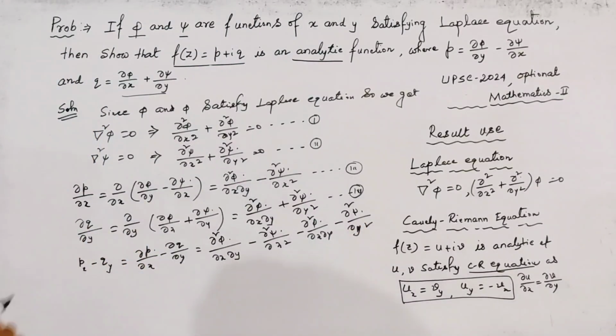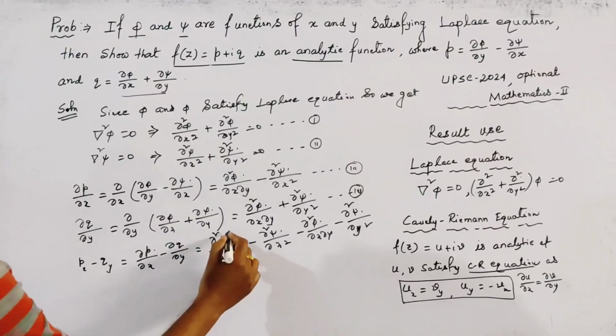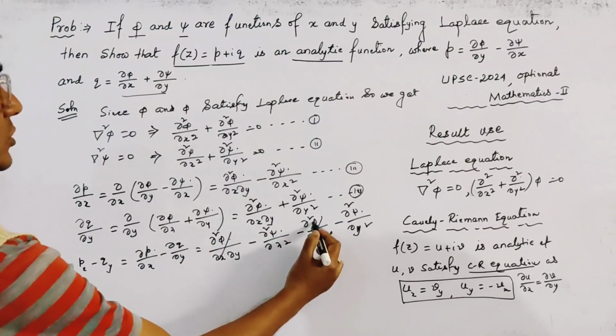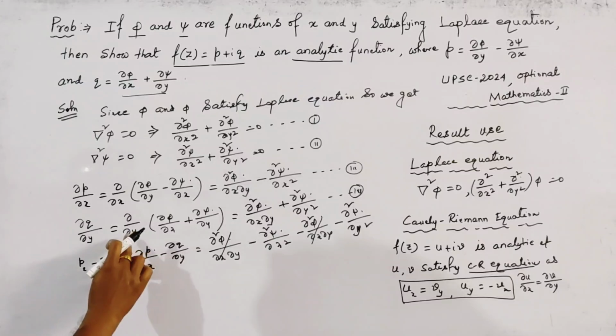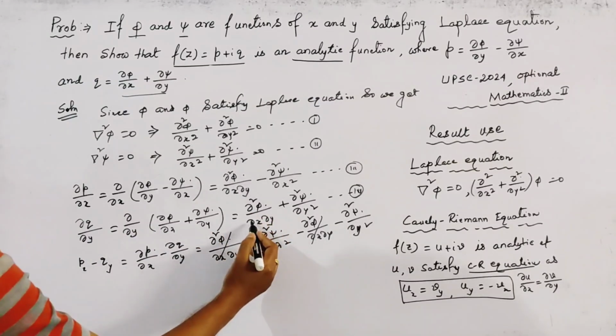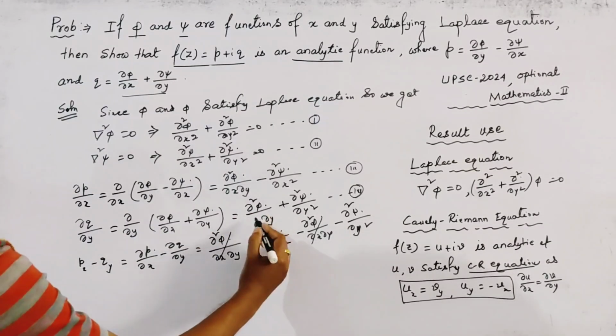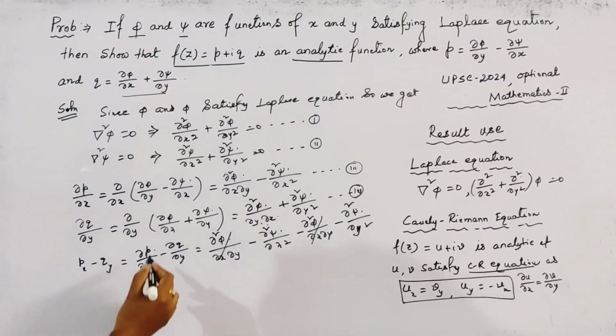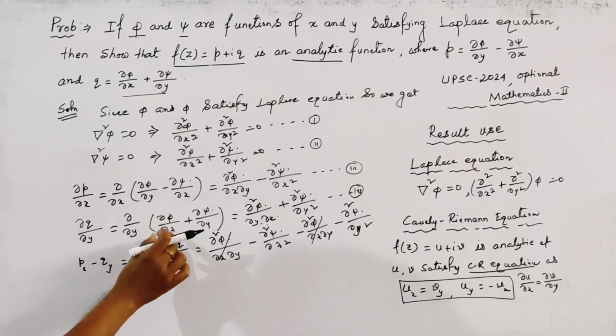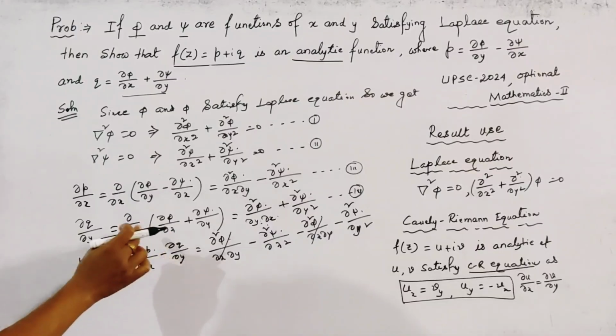Clearly these two terms cancel out. Actually this is not del x del y, we can write this as del y del x, because here del phi by del x is there and we differentiate this term with respect to y. So this is del 2 phi by del y del x.